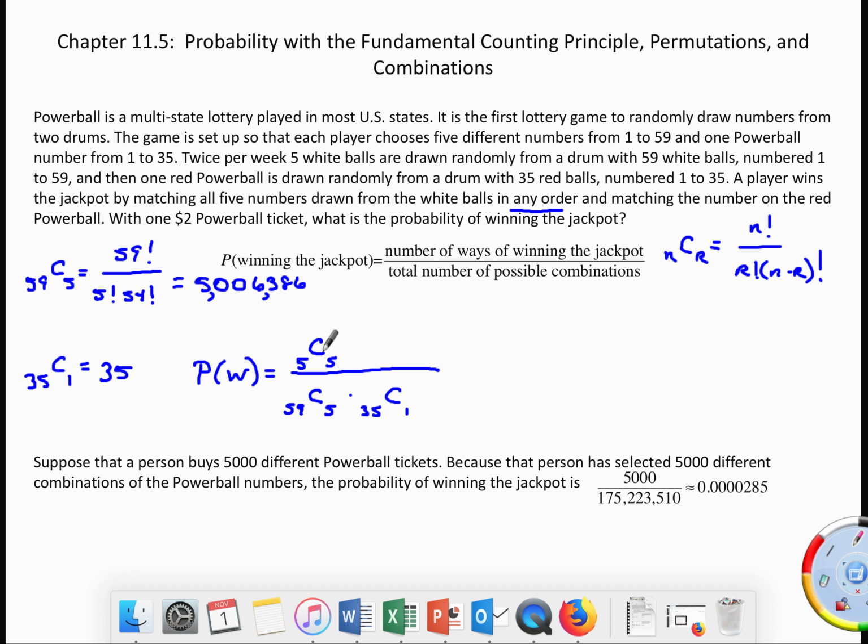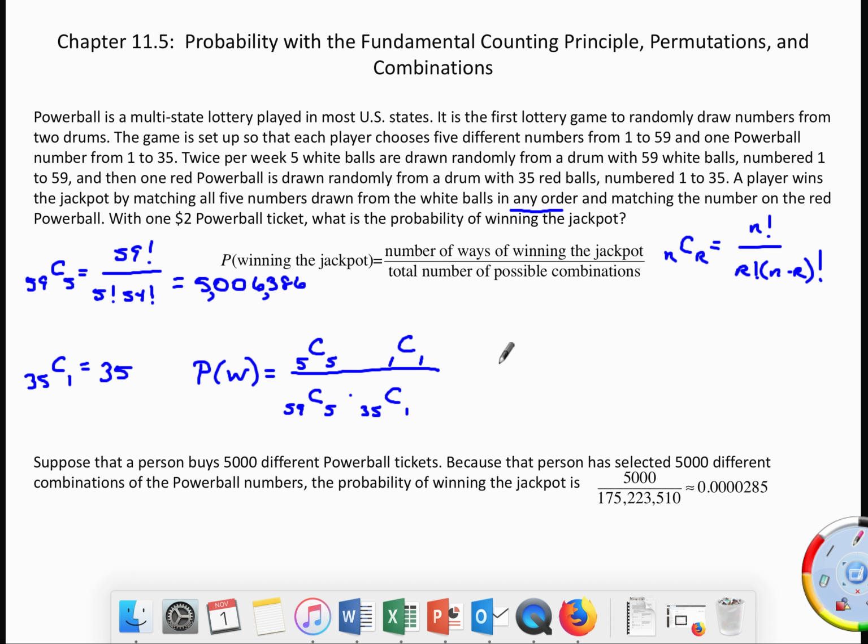Again, if you put this in your calculator, you notice that it's 1. Plus, you need to choose the 1 red ball that is the winning ball. There's 1 right there, and you've got to choose that 1. Here's 5 that are winning balls. You have to choose those 5. This is 1, this is 1.